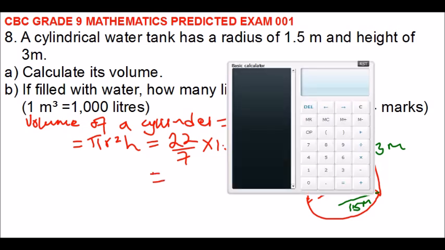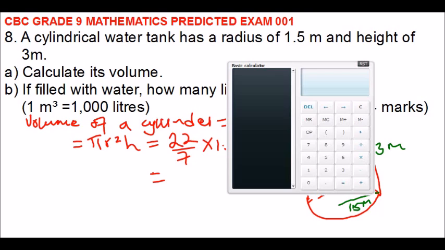Calculator. Okay, I have my simple calculator here.